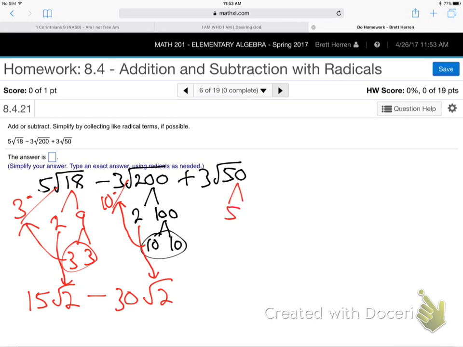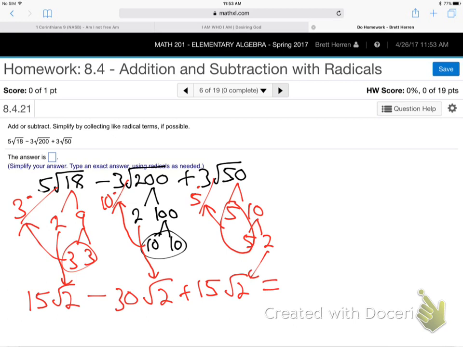And 50 is 5 times 10, 5 times 2. 2 5s in, 1 5 out. 15 square root of 2.